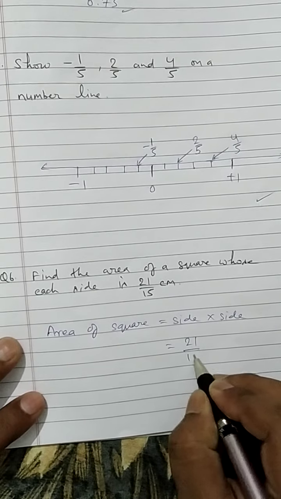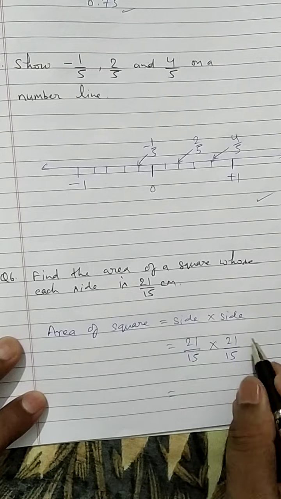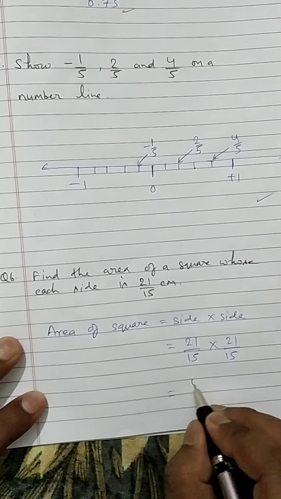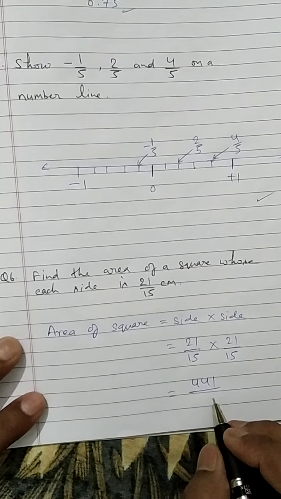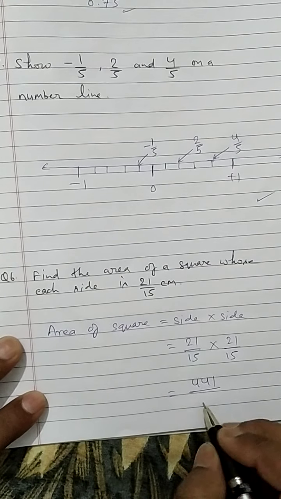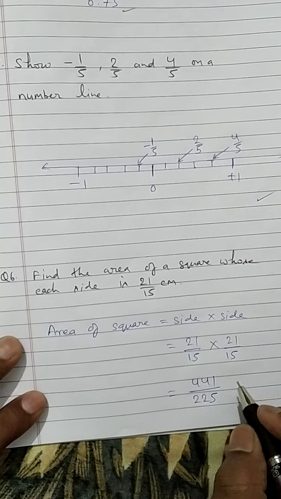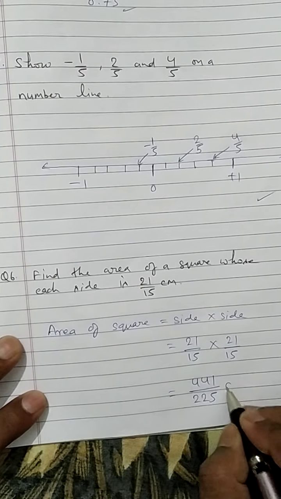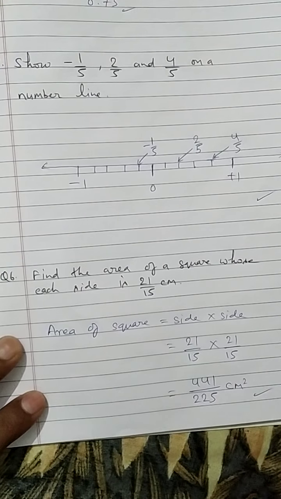So 21 upon 15 into 21 upon 15. The square of 21 is 441, as we have studied in our chapter on squares, and the square of 15 is 225, and centimeter into centimeter gives you centimeter square. So this is the revision of chapter 1, and thank you.